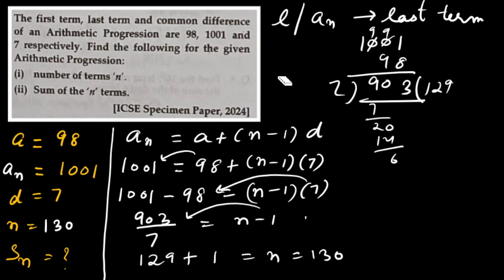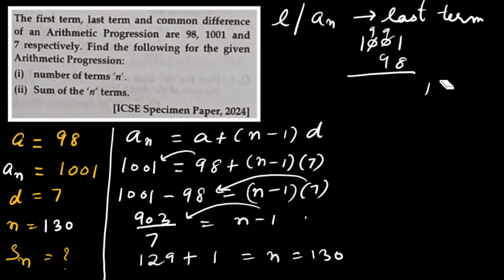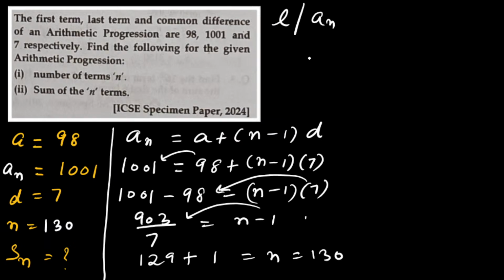So Sn we have to find. Now we have to find Sn. So with the formula of Sn, we can find Sn. So which formula can we use here? Sn is equal to n by 2 into a plus l, because last term, a plus l or a plus an, you can write.